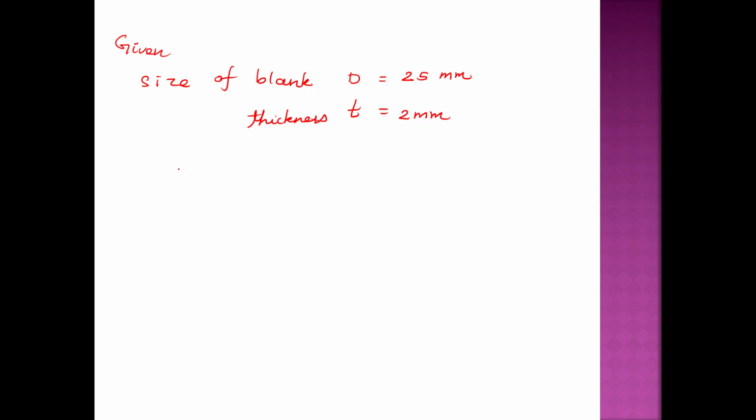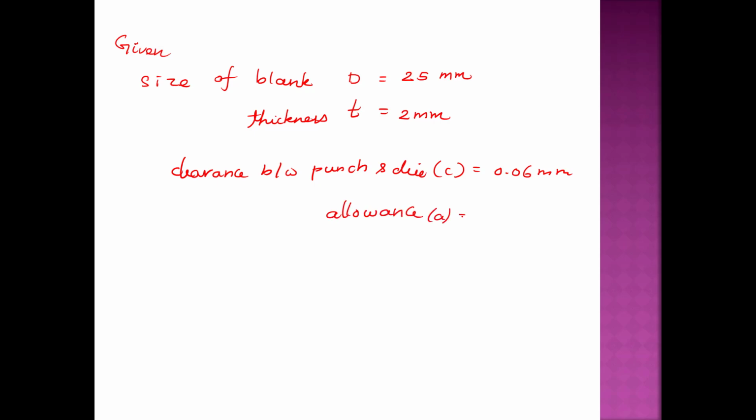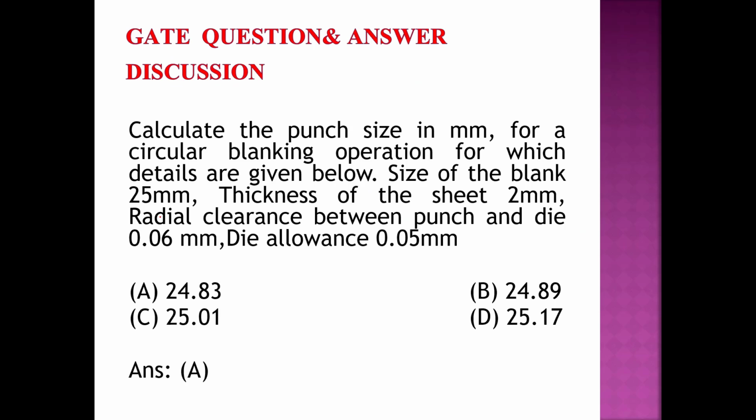And the radial clearance between punch and die, that is C, which is equal to 0.06 mm. Allowance, that is A, equal to 0.05 mm. Now what we want to calculate is the punch size.